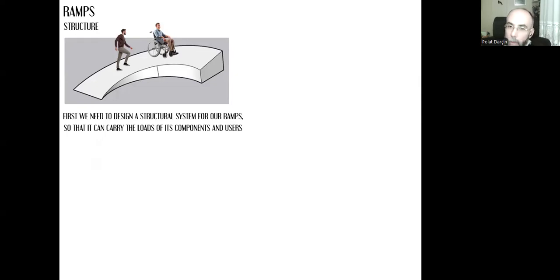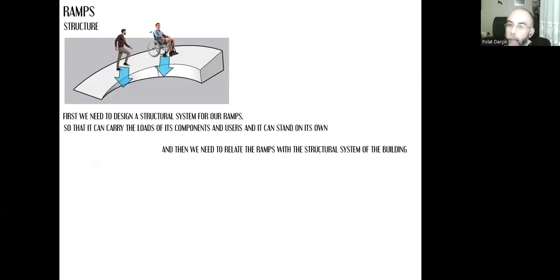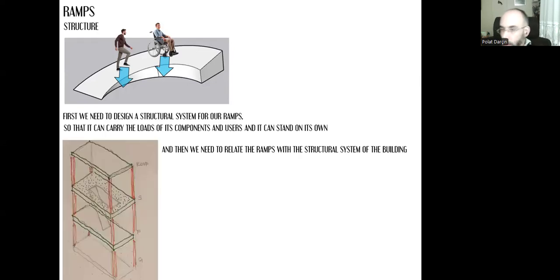All these loads will be applied over the surface of the ramp. So it needs to carry the loads and stand on its own, and then we need to relate or integrate the ramps with the structural system of the building so it can transfer its loads to the structural system of the building.